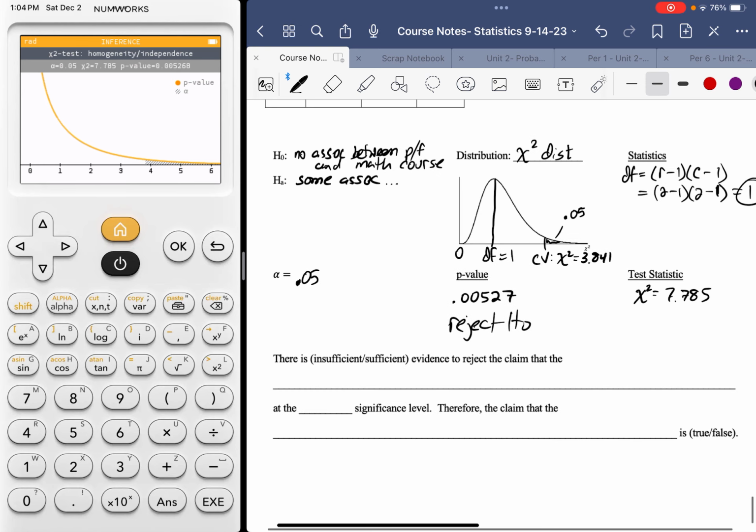Right. So I'm rejecting the null, so that's out. Alternative is in. So there is sufficient evidence to cross off insufficient. Apologies.